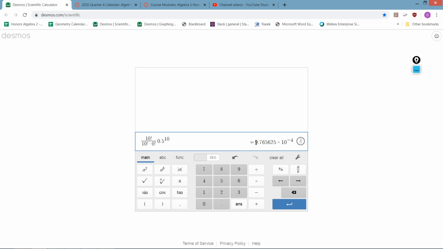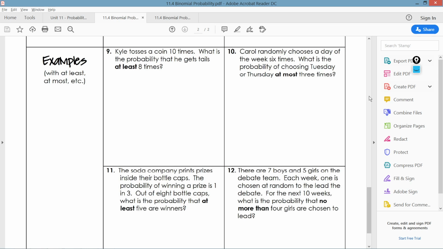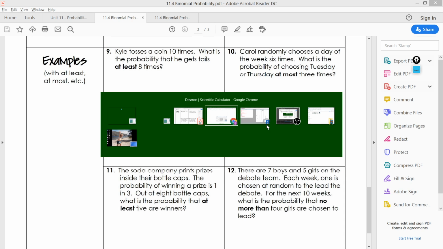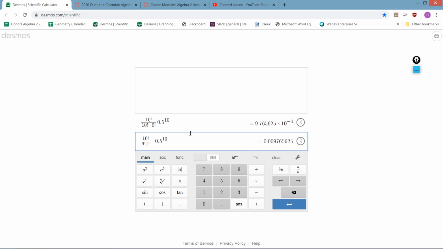It's 0.00097 about. So this is 0.00097. And then the next one is 10 factorial divided by 9 factorial 1 factorial, and times 0.5 raised to the 10th again, because it's still the same combination.